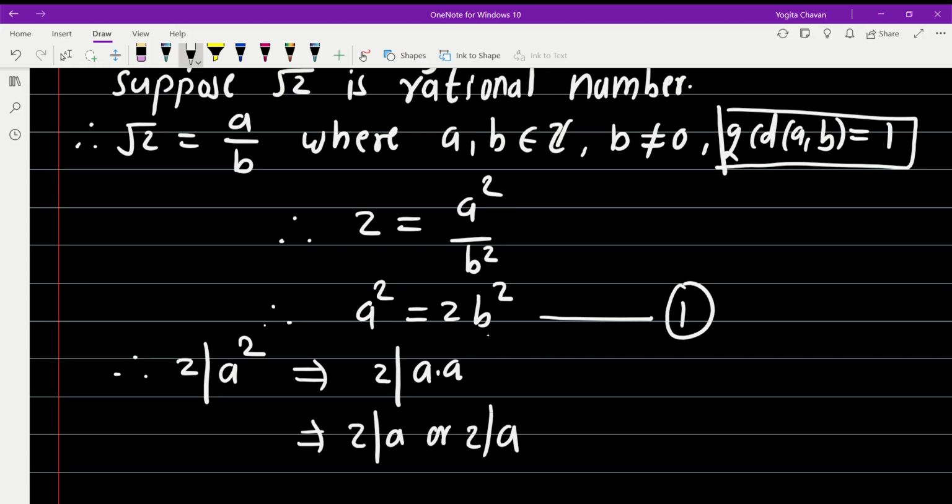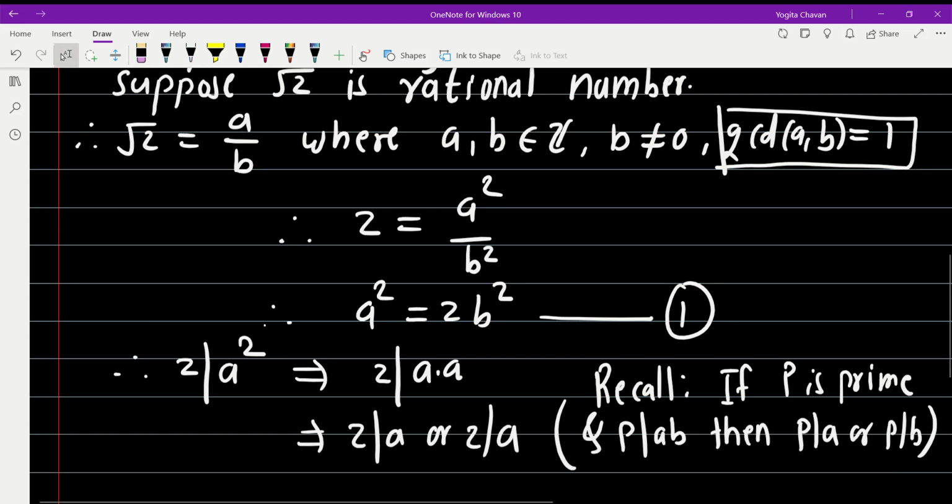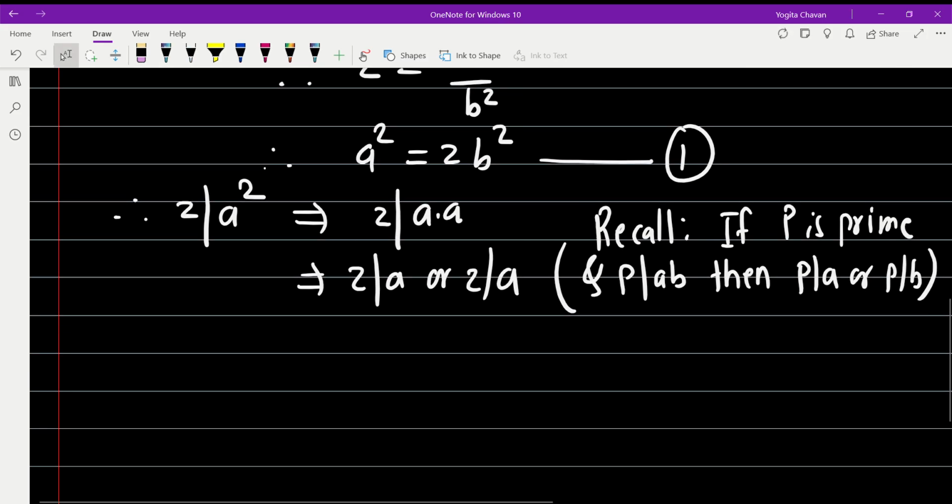Now why? Now recall this theorem: if p is prime and p divides a into b, then p divides a or p divides b. That is, if p is any prime number and it divides the product of two integers, then p is guaranteed to divide one of the integers.